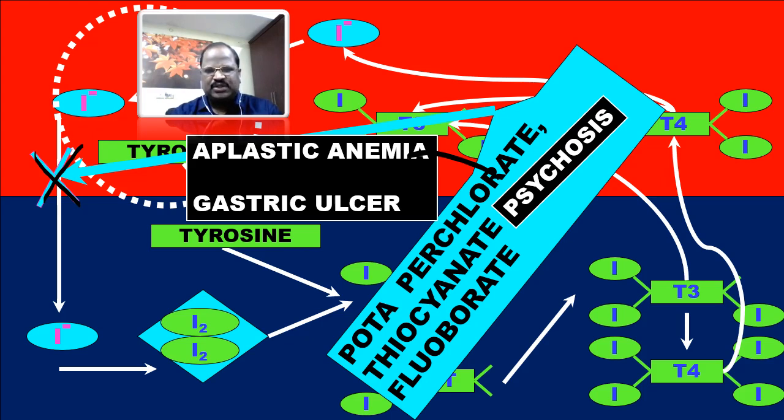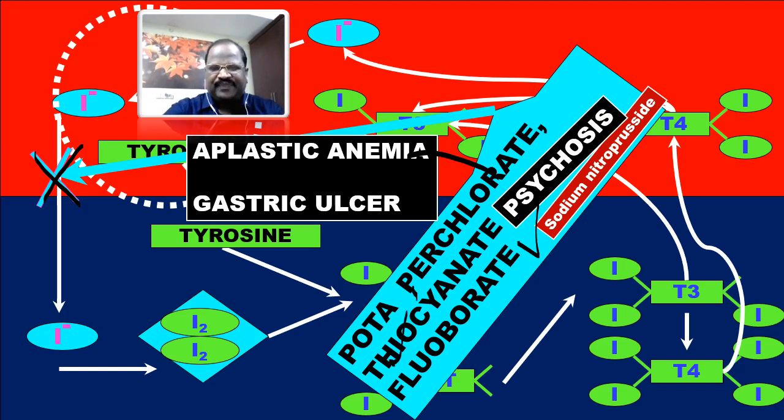At this juncture, you should know one important point. We have one drug called sodium nitroprusside. We know sodium nitroprusside is a vasodilator useful for treatment of hypertensive emergency. Here you should know sodium nitroprusside contains cyanide. The cyanide in the body may be converted into thiocyanate. Usually, thiocyanate is excreted through the kidney within 1 to 3 days.